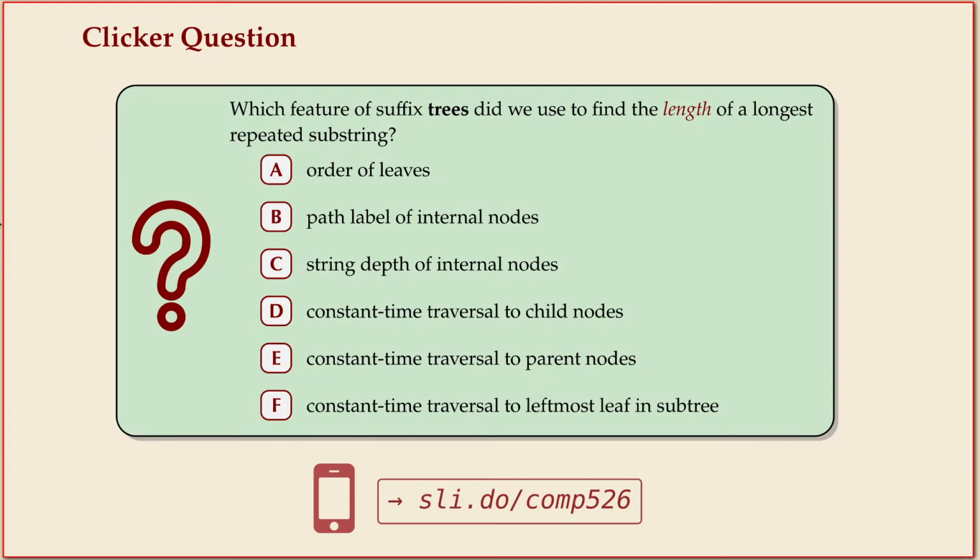So again, this was to find some substring in the text that occurs in at least two positions. It's fine if these are overlapping occurrences. We could solve that in linear time using suffix trees, and we used some features of the tree there. That will guide us towards what's still missing if we just have the suffix array.